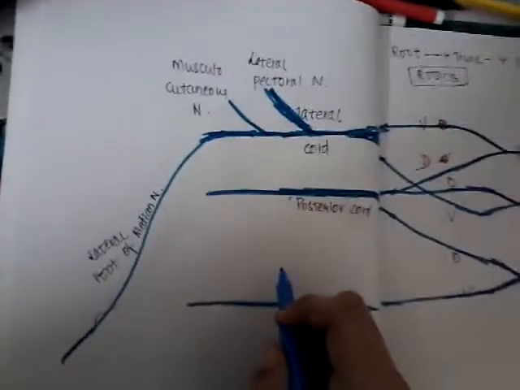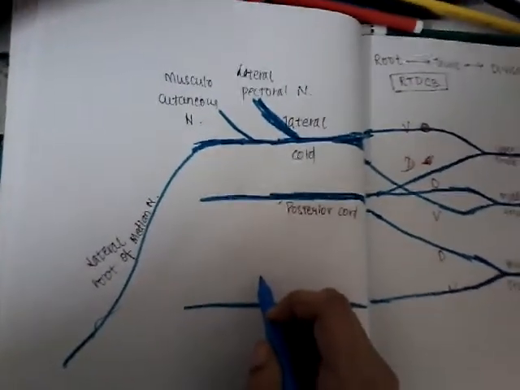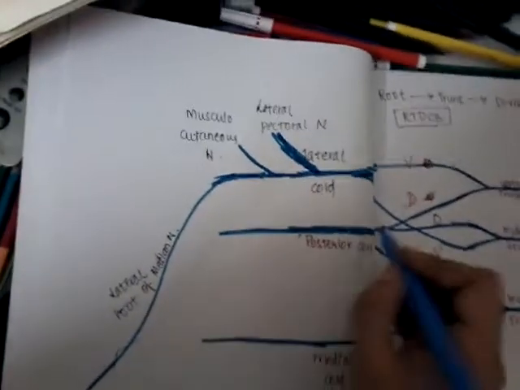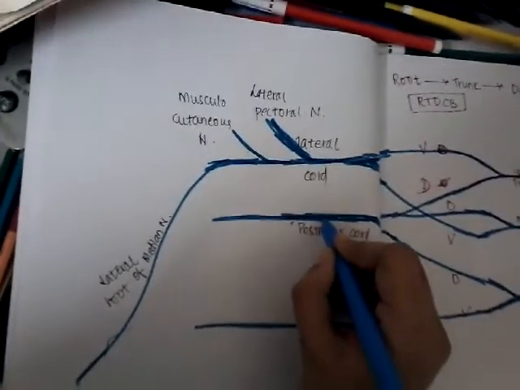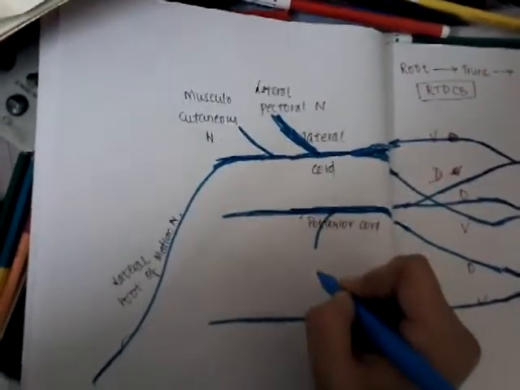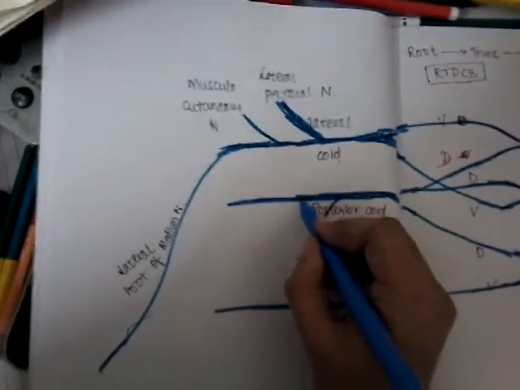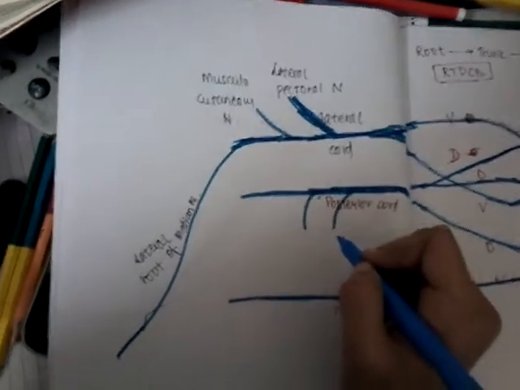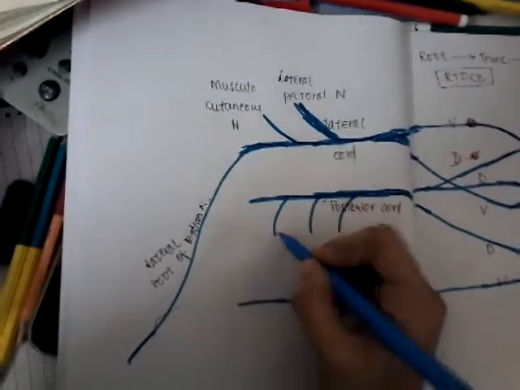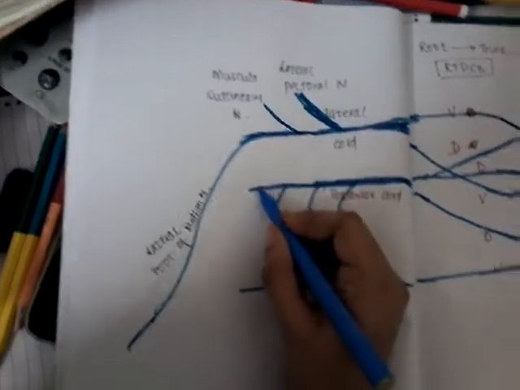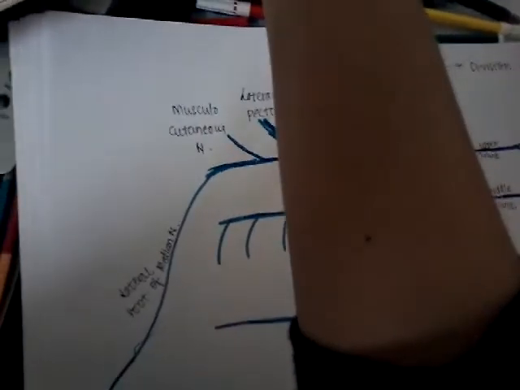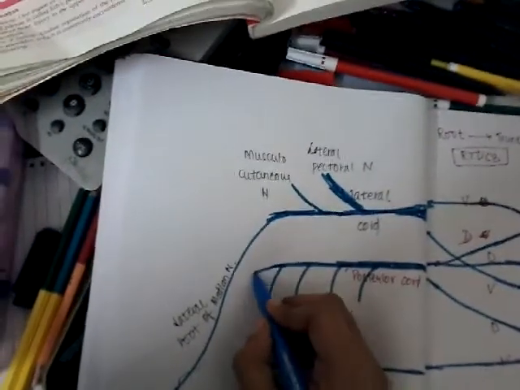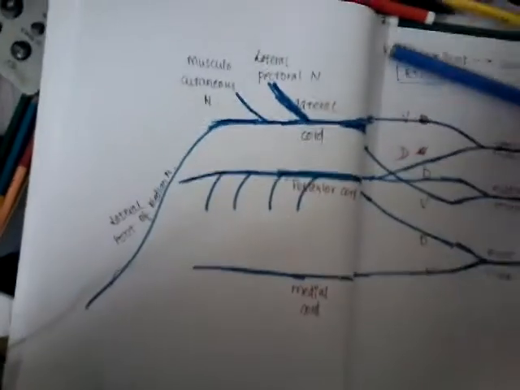Now, what branches are given by the posterior cord? Posterior cord gives 5 branches. One is upper subscapular nerve, nerve to latissimus dorsi or thoracodorsal nerve, lower subscapular nerve, axillary nerve, and it will also give the radial nerve. Just let me label it.